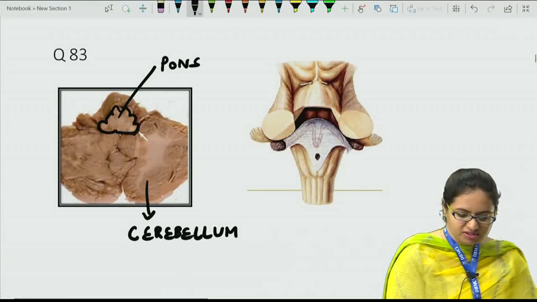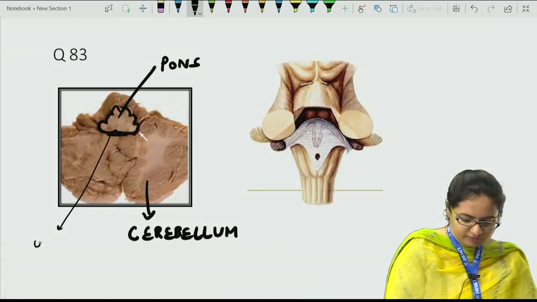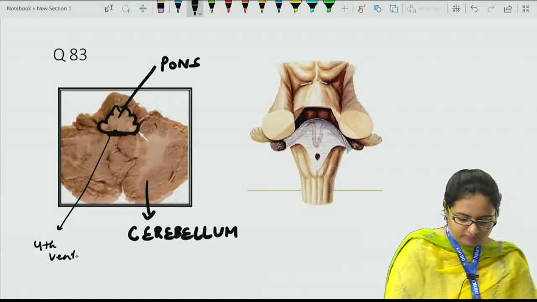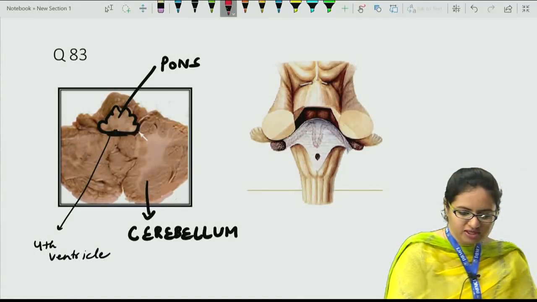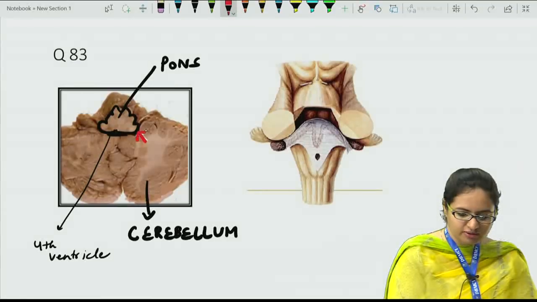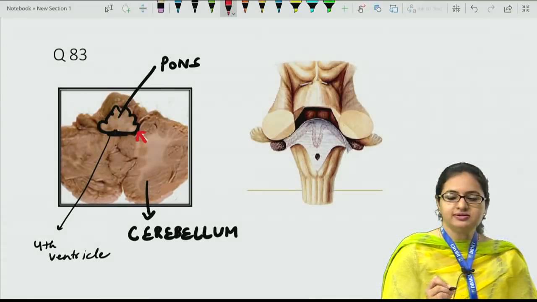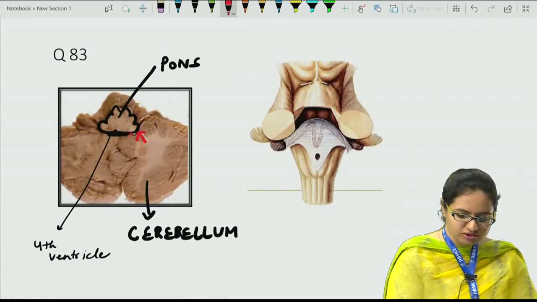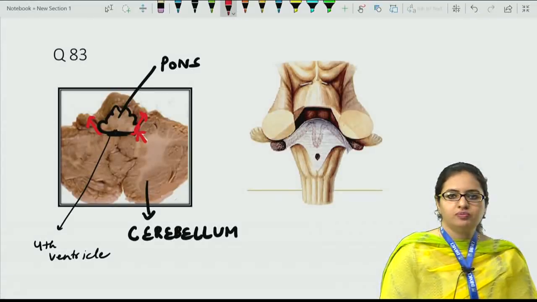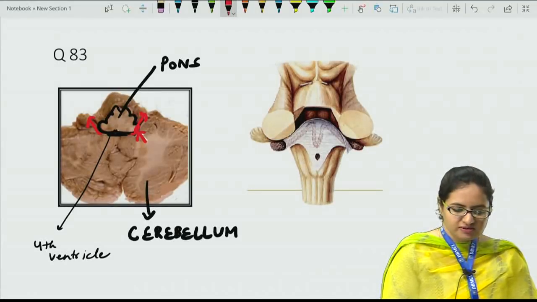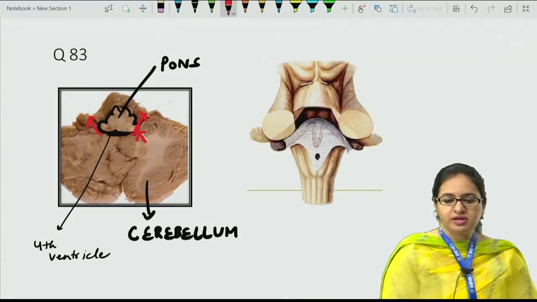And the space which is present in between the pons and the cerebellum over here, this space is the fourth ventricle. Now the arrow which has been put over here is actually the lateral recess of the fourth ventricle, which is extending towards the lateral side. Through the foramen of Luschka, the CSF which has been coming towards the fourth ventricle will pass to the subarachnoid space.